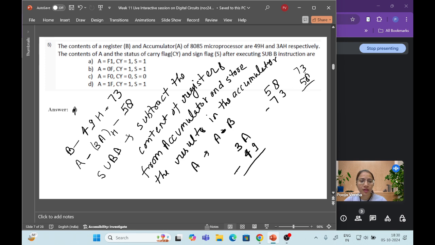Then you will get a minus. So 13 minus 8, that is 5, 1. So minus 15, right? But it is in decimal.